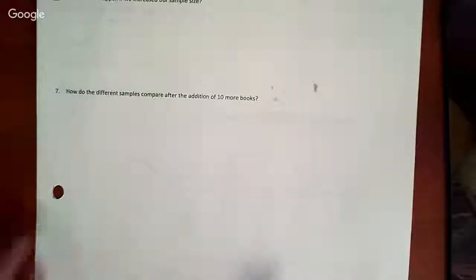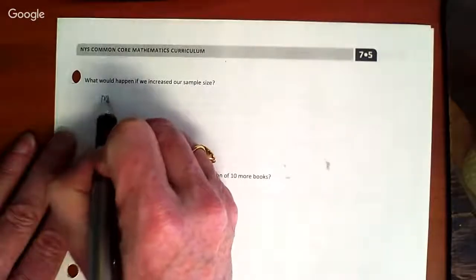Then number 6 says, what would happen if we increased our sample size?